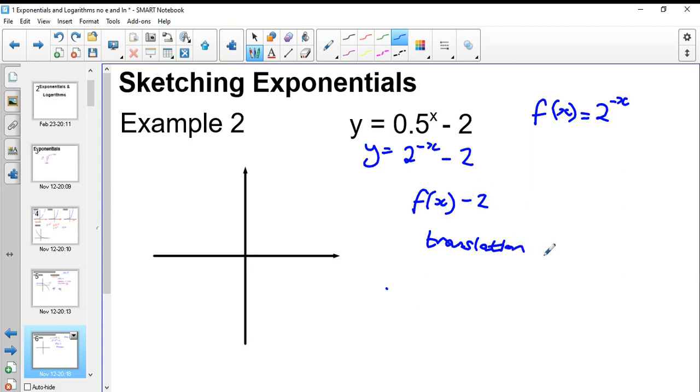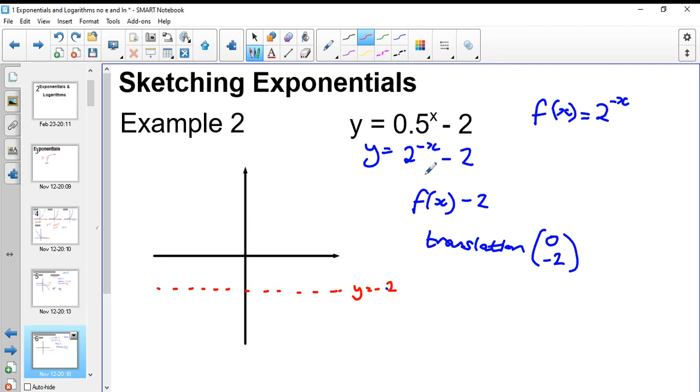And again, it's vertical because it's outside of that function notation, so it's got to go down by 2. So we know it's going this way. We know that it's going to go down by 2. So instead of converging to the x-axis, it's going to converge to minus 2.